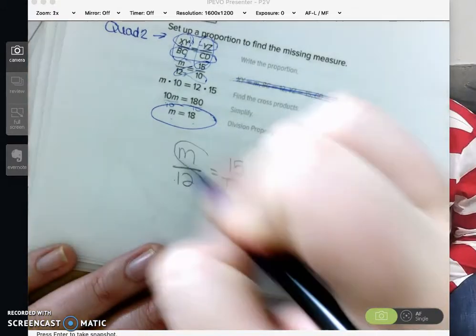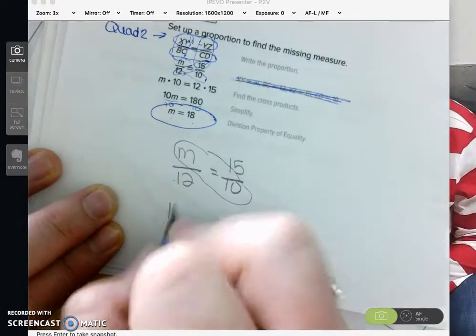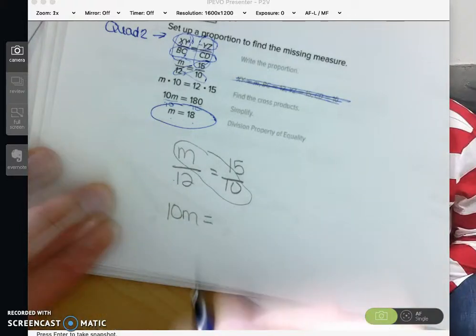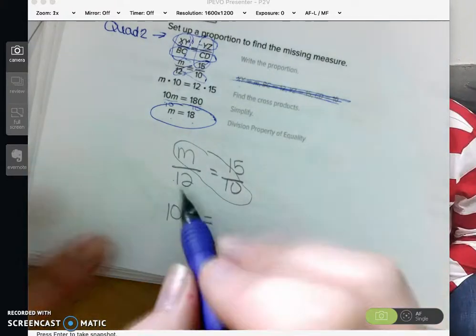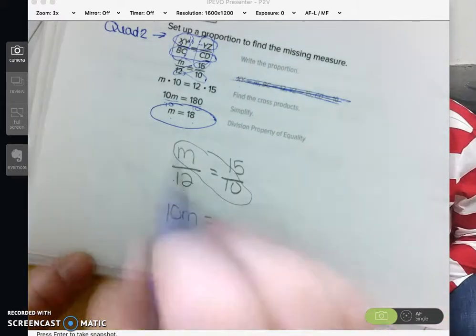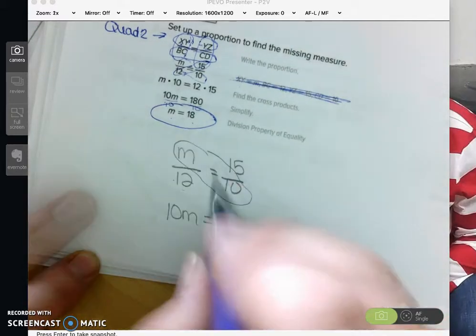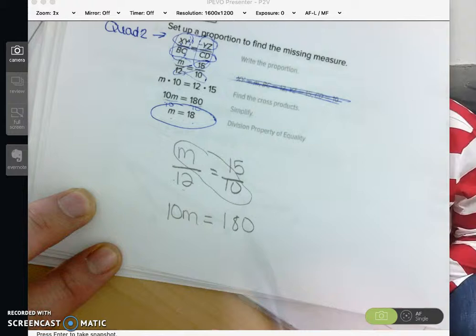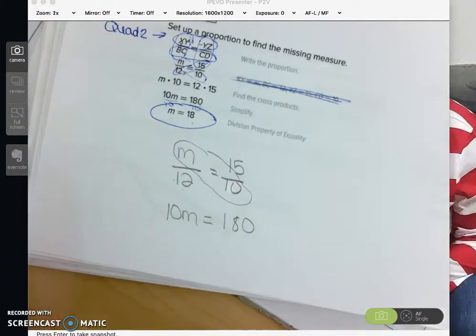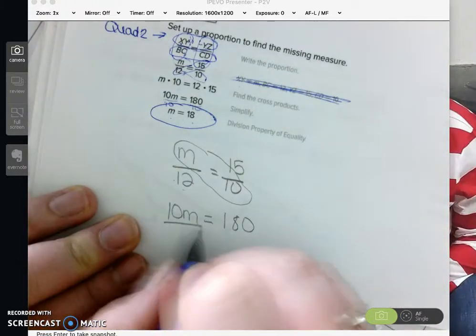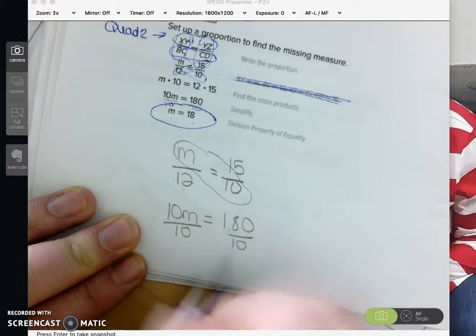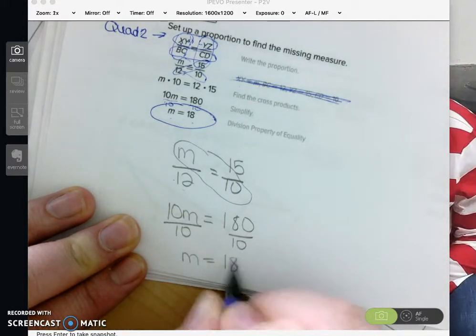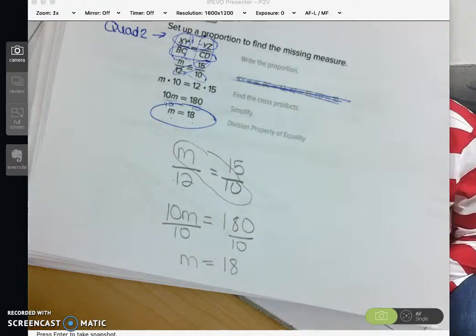So what's 10 times m? 10m. And 12 times 15? Is it 180? Yeah. And then I divide both sides by 10. M is equal to 18. So that's my unknown length, or M.